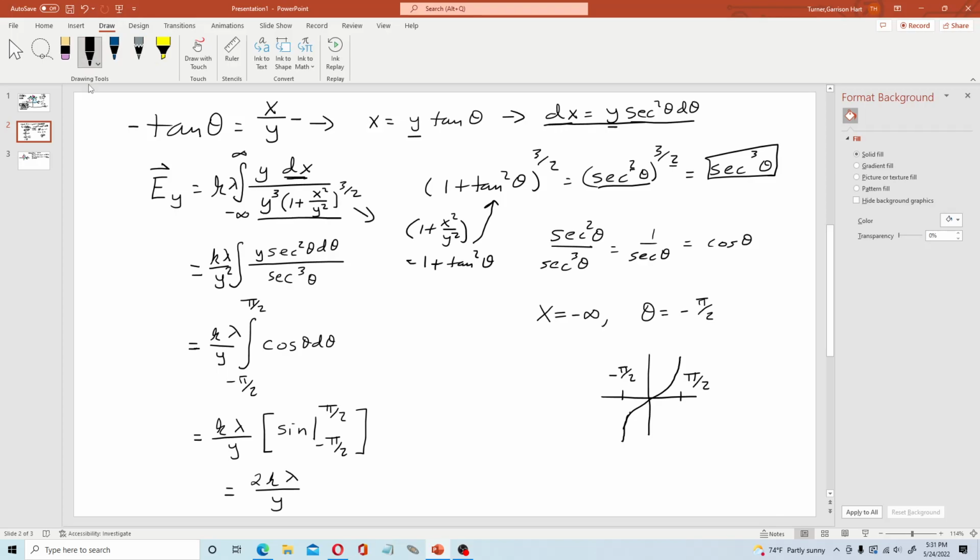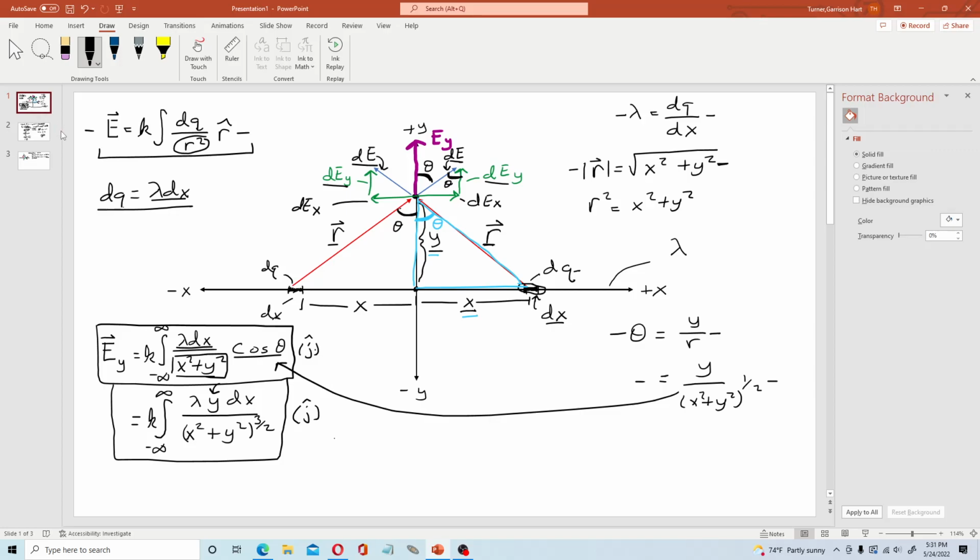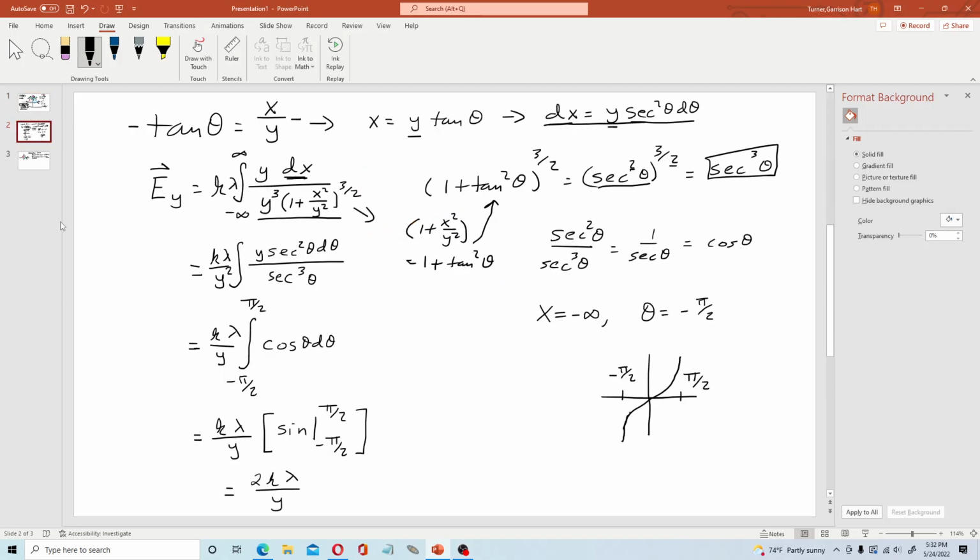Now remember, we have a y already in the numerator from the cosine component that doesn't cancel out. So I have y over effectively y cubed times secant cubed. So y over y cubed goes to y squared.